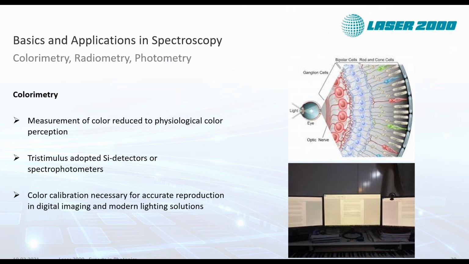Calibration is necessary for example for accurate reproduction in digital imaging and modern lighting solutions. As you can see with the sample picture below, these monitors aren't calibrated, or if they are calibrated, they're very bad.